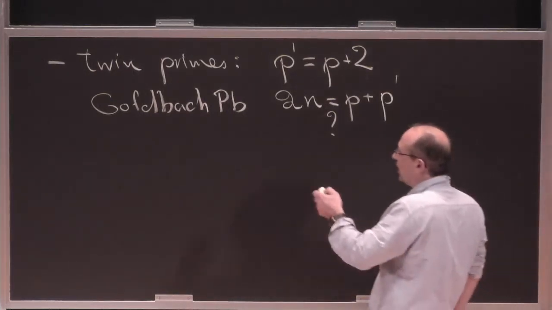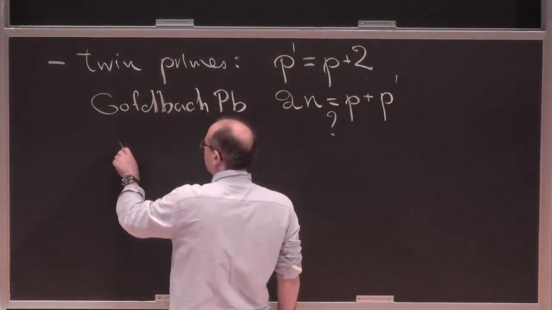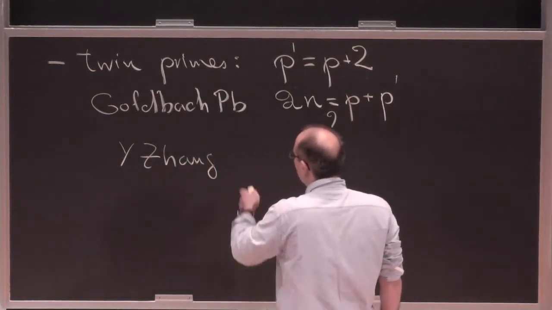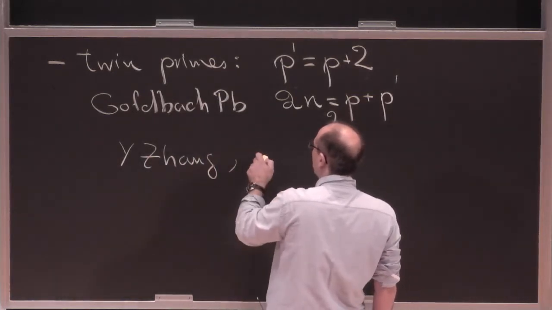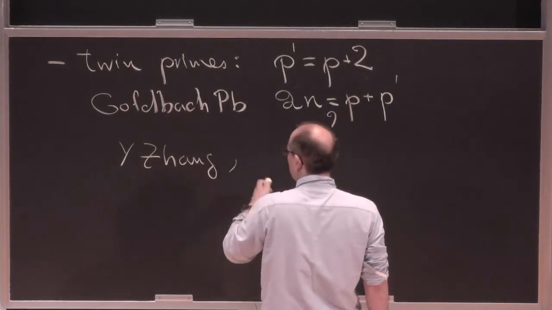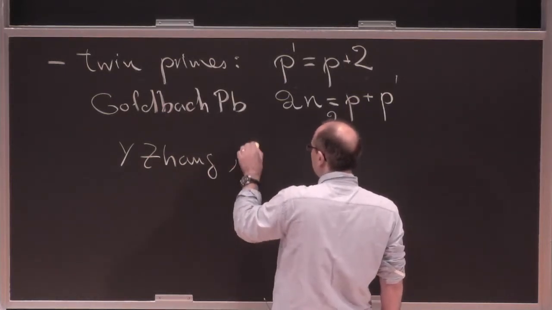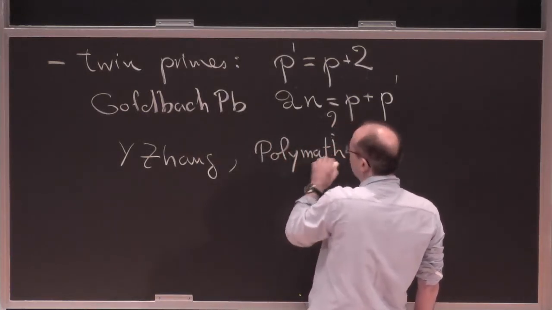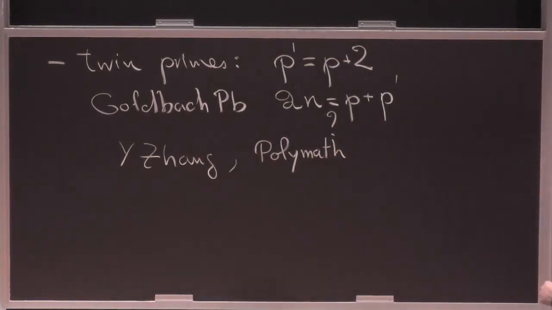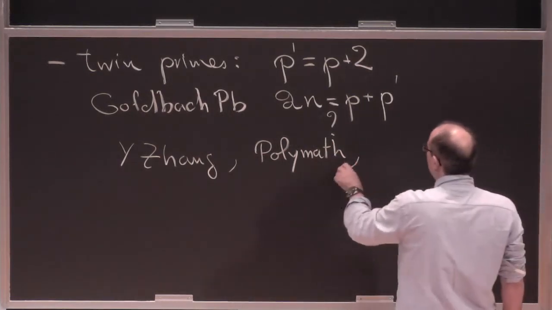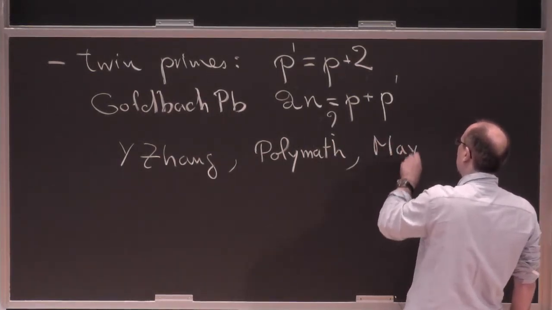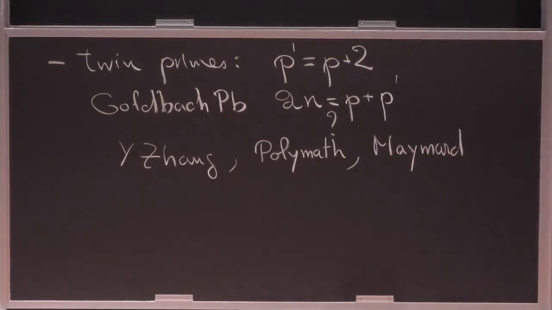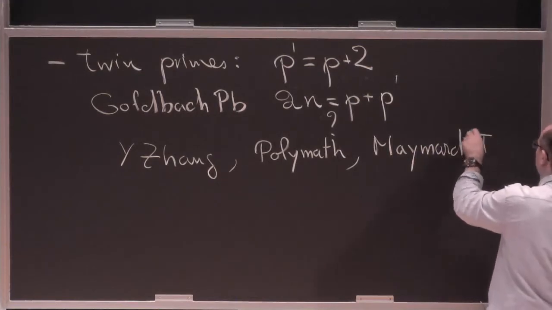This was the work of Yitang Zhang, who made the first breakthrough, and then there has been subsequent work by Polymath, who improved on Zhang's numerical results, and then breakthroughs by Maynard, with a big simplification of Zhang's approach, and Tao.